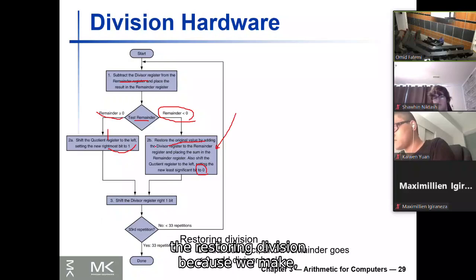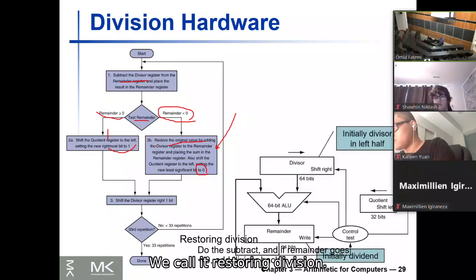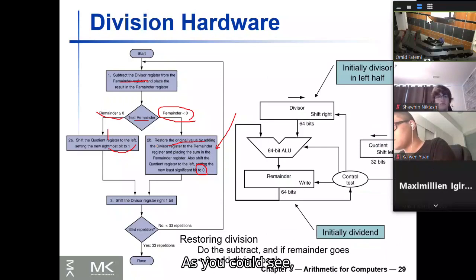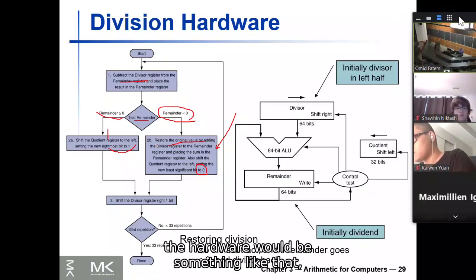So this is the restoring division, because we update the dividend, and if it is wrong, then we restore it. So we call it restoring division. And this would be the hardware. As you could see, the hardware would be something like that.